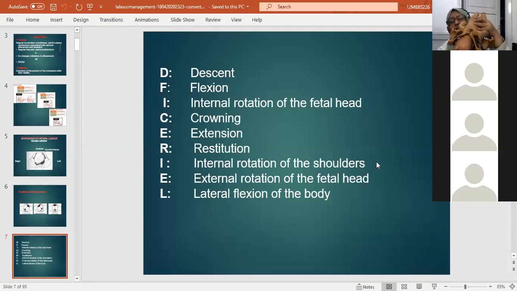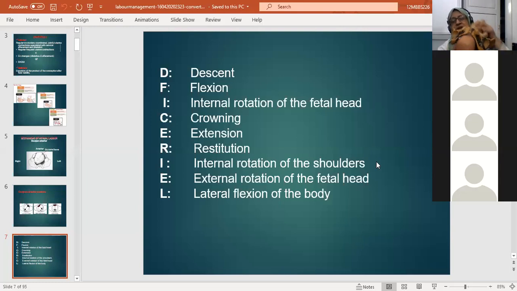After this, the head is always delivered in extension. The head is internally rotated to the anterior, there is a slight extension, and the head is delivered in extension. As soon as the head is delivered, it aligns itself with the shoulders. The shoulders enter the maternal pelvis in the oblique or transverse diameter, so the head tries to align itself.